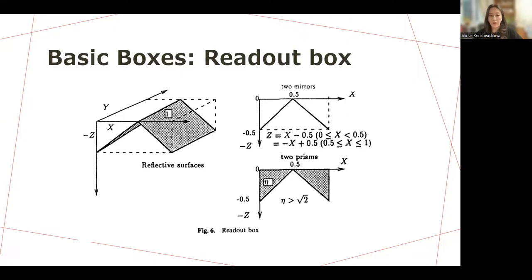The ray enters the box from the unit square on the XY plane, and it hits one of the two flat reflective surfaces in the box. We call the unit square through which the ray enters the entrance window, and the window size should be between these ones.